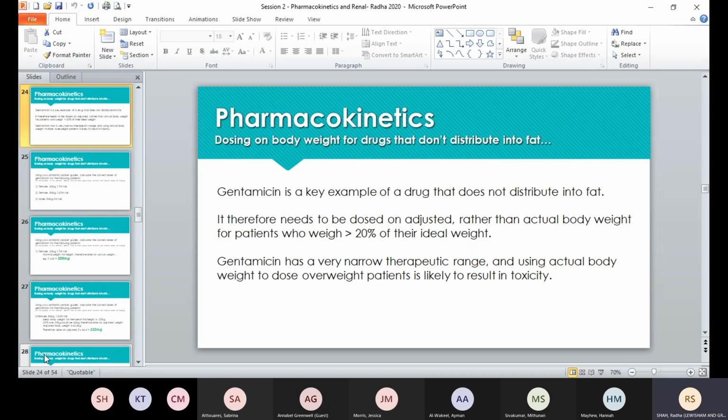This is because they've got a narrow therapeutic range, and using the actual body weight to dose overweight patients is likely to result in toxicity. That's because of the diagram that I showed you before. It doesn't distribute well into the fat, and you would be assuming that it did if you based them on actual body weight, and that's why we use the adjusted body weight.